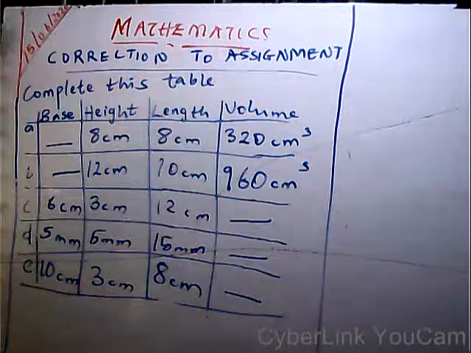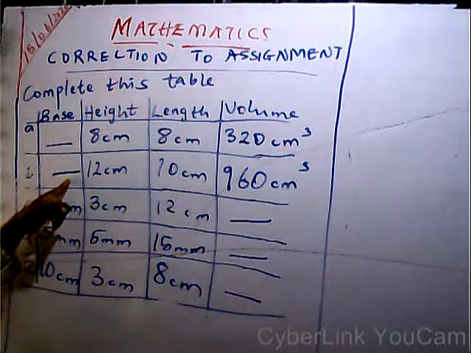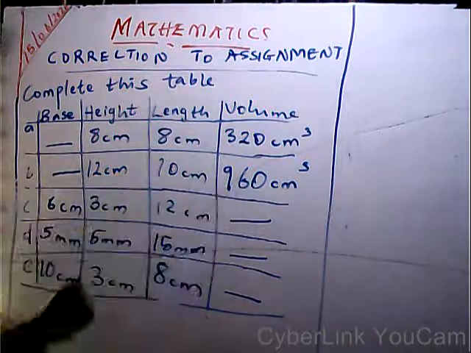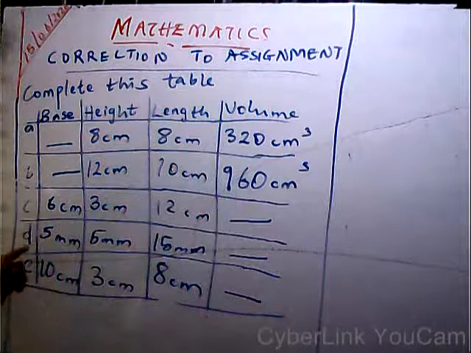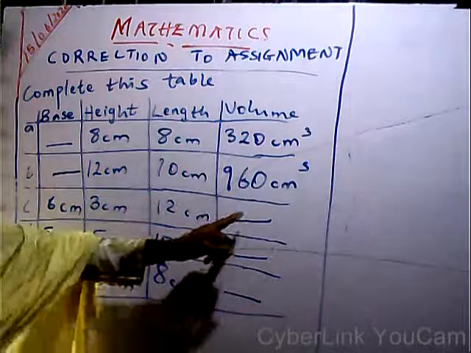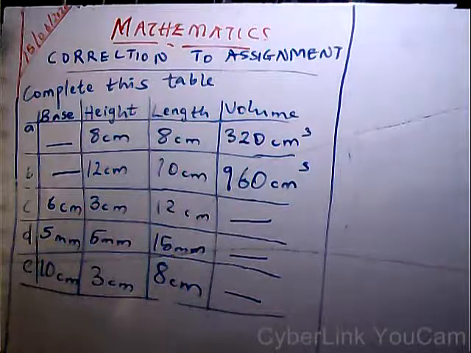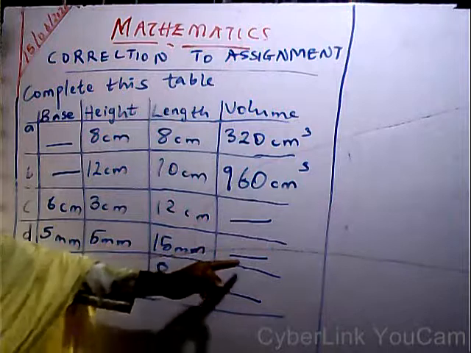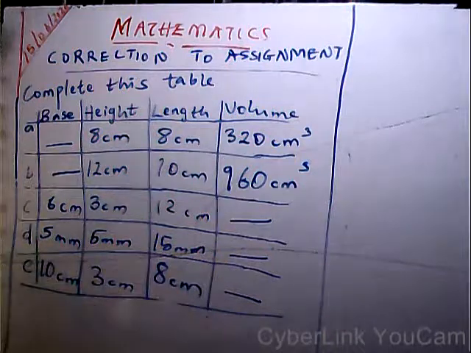The second question, we are asked to find the base. We have been given the height, the length, and the volume. The third question, we are given the base, the height, the length, and we are asked to find the volume. The fourth question, we are given the base, height, length, and volume. Likewise, the fifth question. So we are going to take this one after the other.